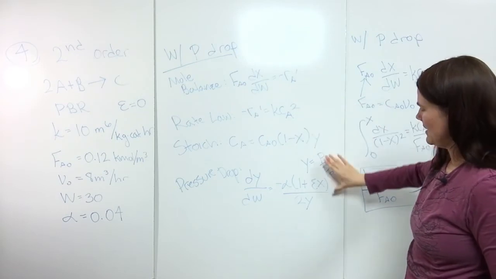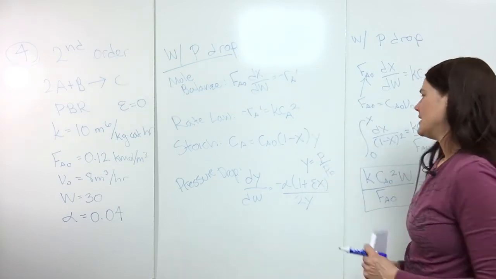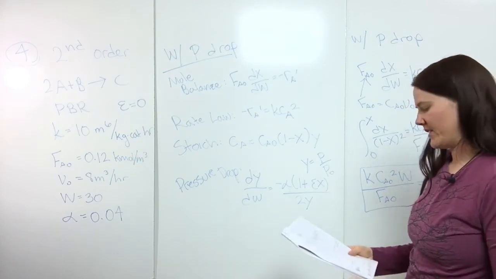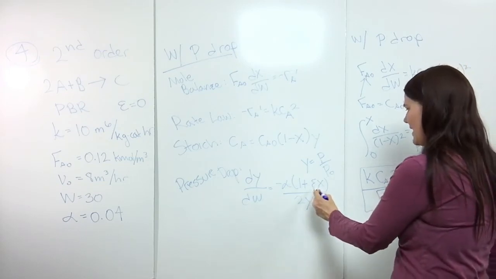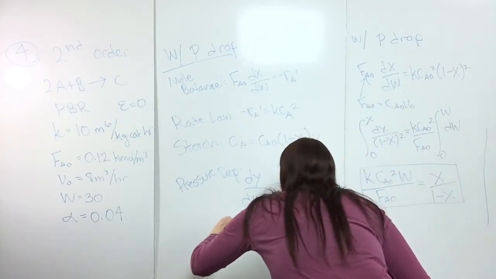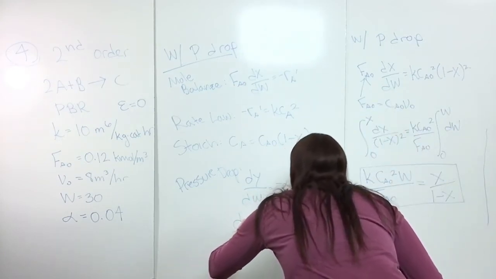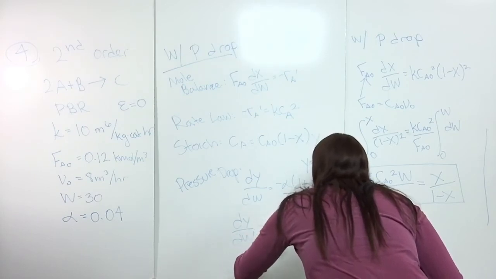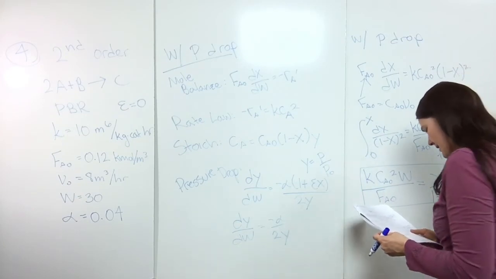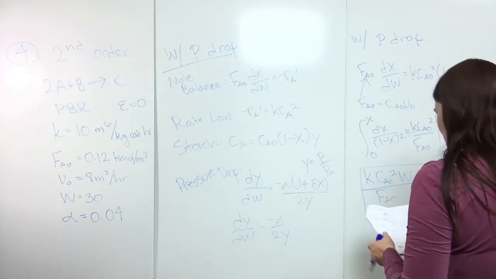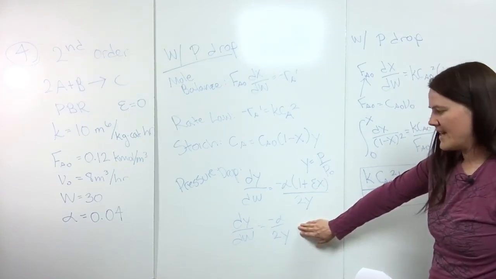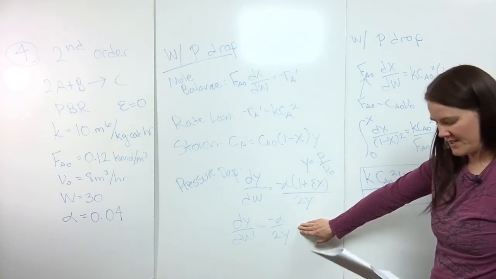Normally at this point you would go to an ODE solver. You have two coupled ODEs that you need to solve. But the problem statement is asking for an integrated solution, so an analytical solution. So the way you can do that is, we've already assumed that epsilon is equal to 0. So then I can say dy dw is equal to minus alpha over 2y. And so then I can separate and integrate this, and you want to say that y is equal to 1 when w is equal to 0.